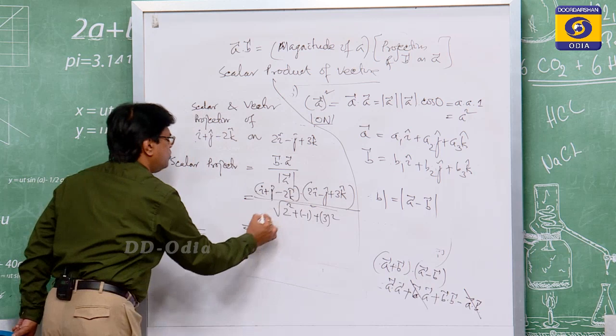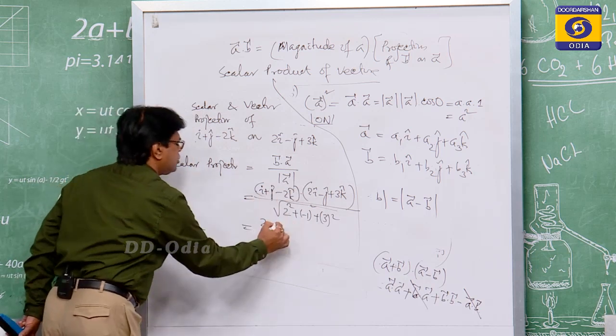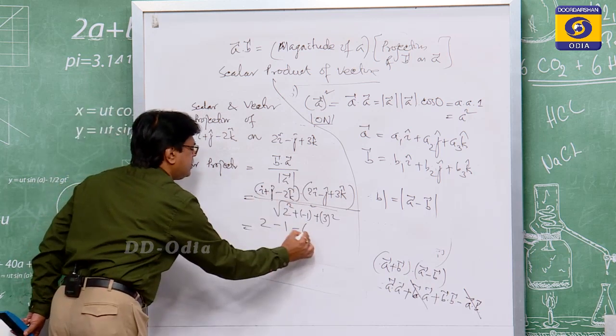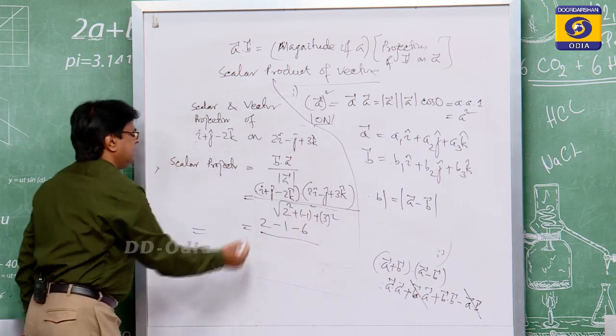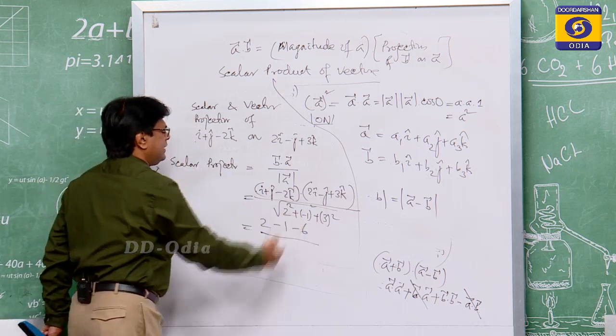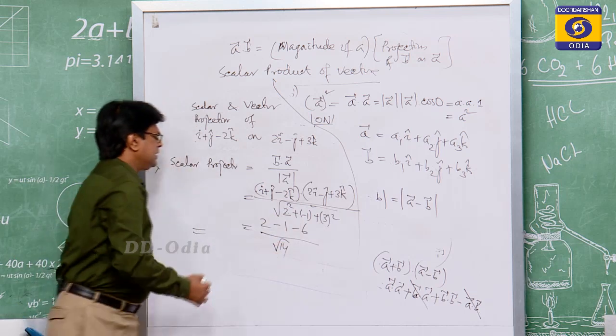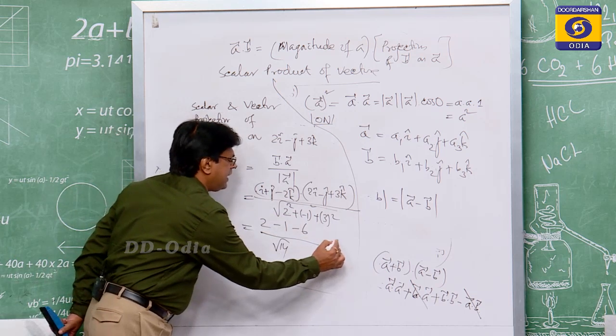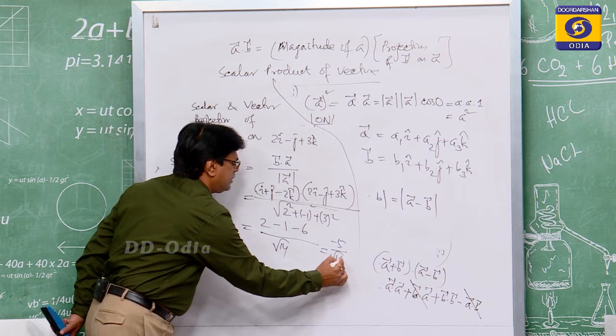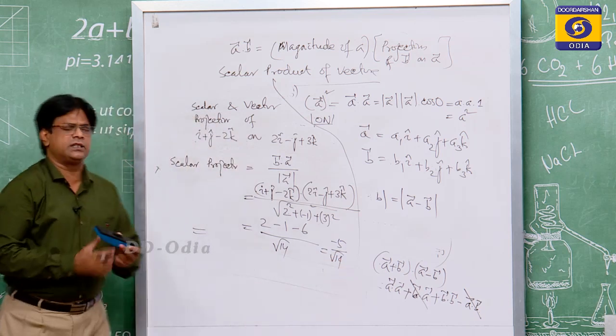So that is 2 minus 1 minus 6 by root over 14. So this is minus 5 by root over 14, that is the scalar projection.